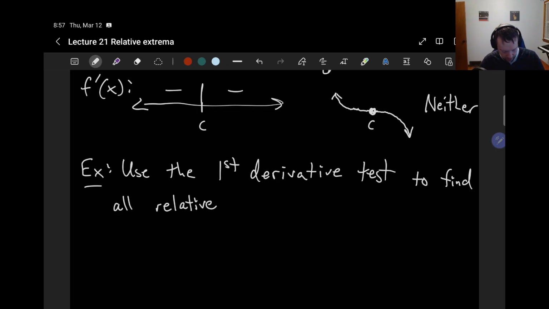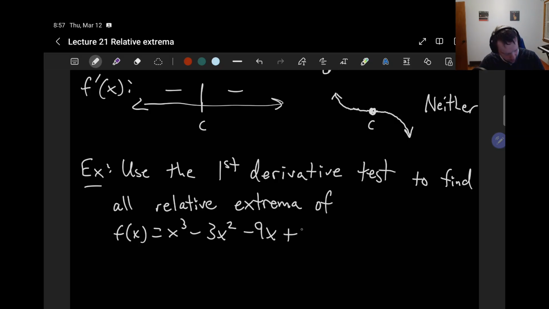Use the first derivative test to find all relative extrema. And let's start with the polynomial. X cubed minus 3x squared minus 9x plus 17.